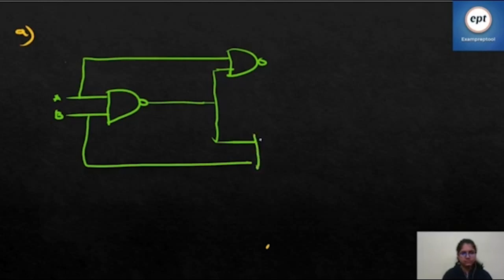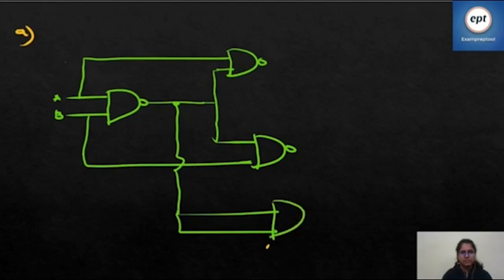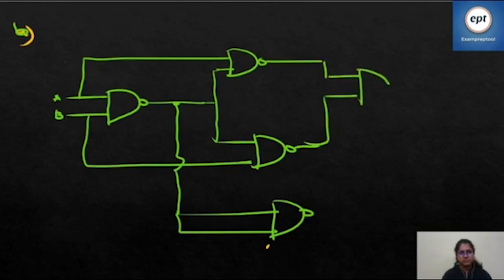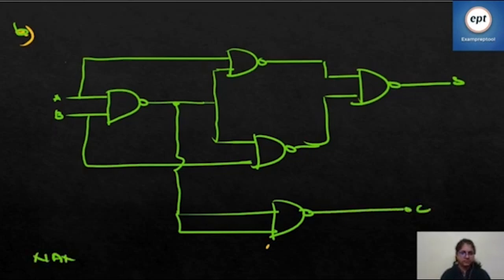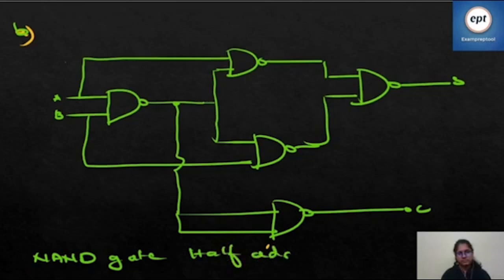We'll take this as input. So if you can see this, we are trying the half adder using NAND. So here we are trying option B. Okay, so this is option B, and so this is S, and this is C. So this is the NAND gate half adder.